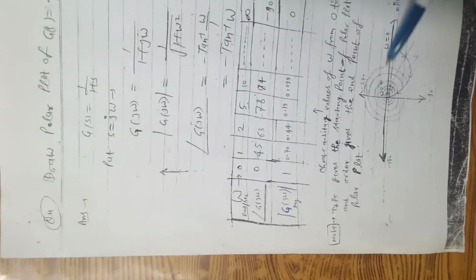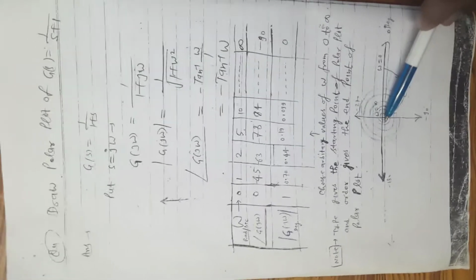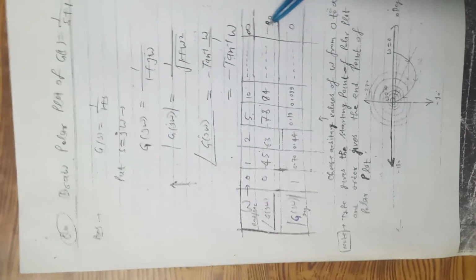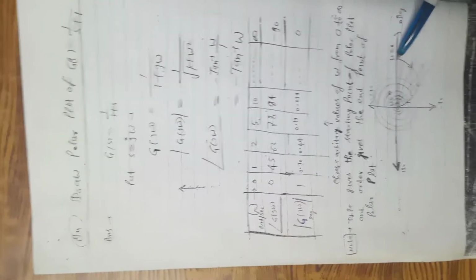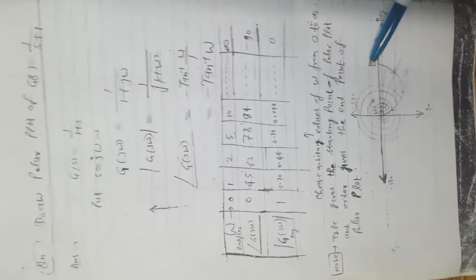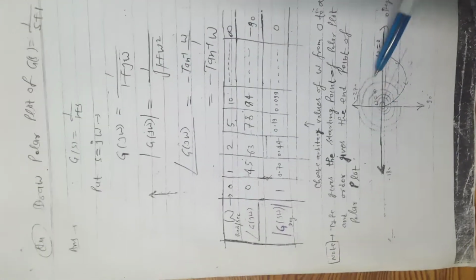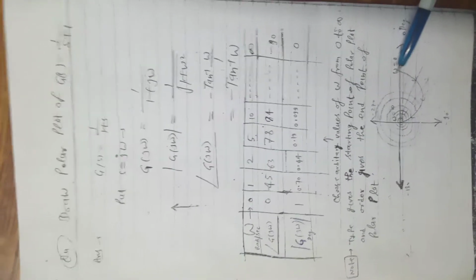Likewise, at ω = infinity, the magnitude becomes 0 and the phase angle becomes minus 90, so your plot will terminate like this. The plot starts from here, and if you join all these points, you will get this kind of curve. This is called my polar curve, the polar plot.